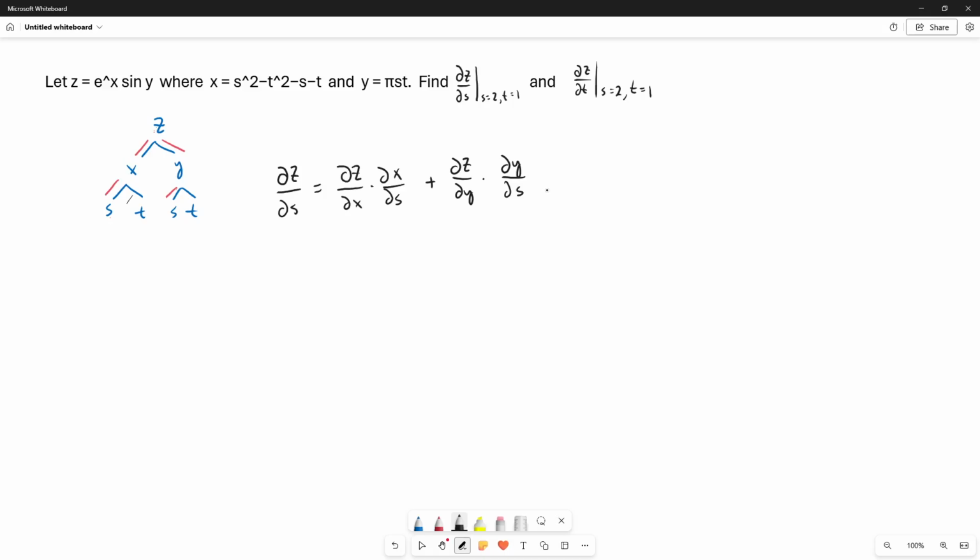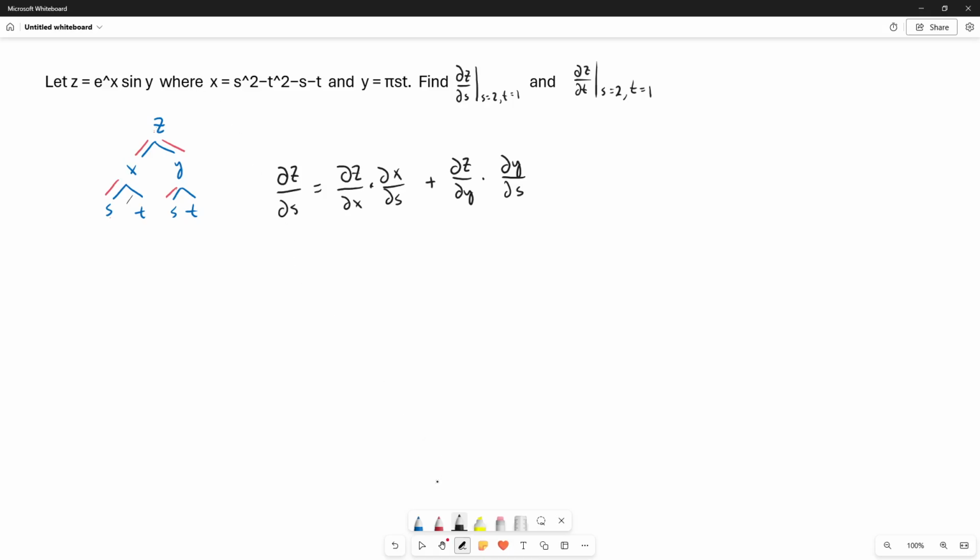So if we compute all four of these derivatives and perform the indicated multiplications and addition, then we will get the partial derivative of z with respect to s. And similarly for dz dt.